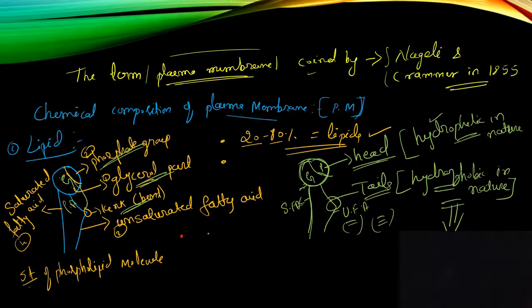These molecules mainly act as a selective permeable barrier, meaning they restrict the movement of molecules across this membrane.